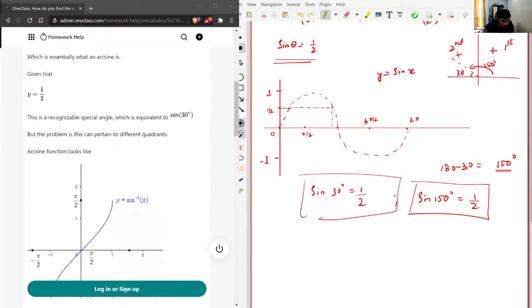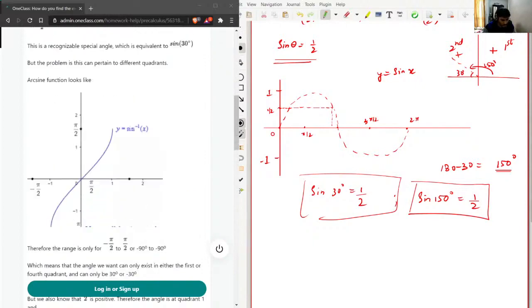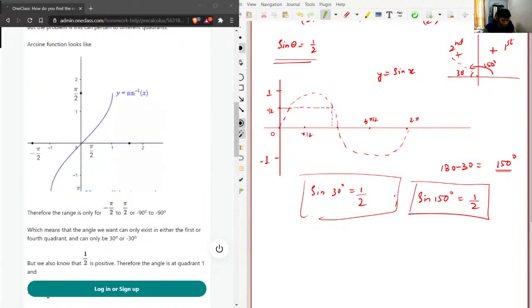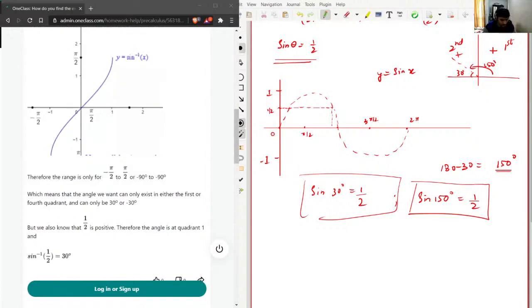Okay, but the problem is this can pertain to different quadrants. The arcsine function looks like this. Therefore the range is only for, so here they are only calculating for the case of minus 90 to plus 90.